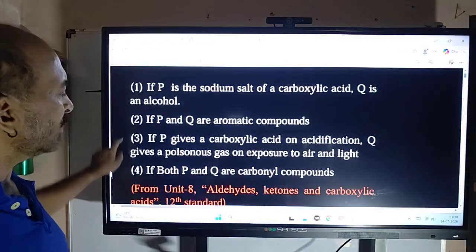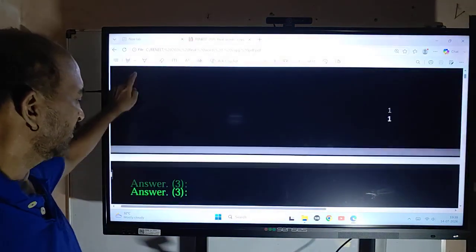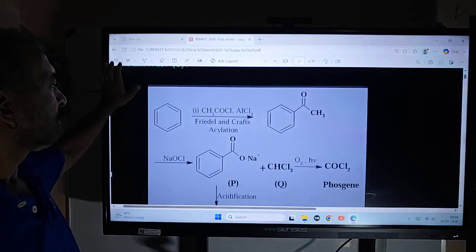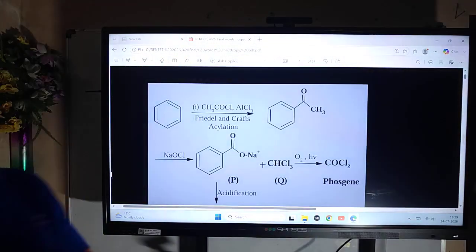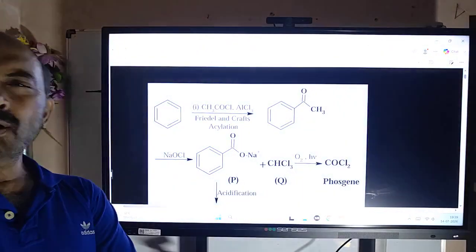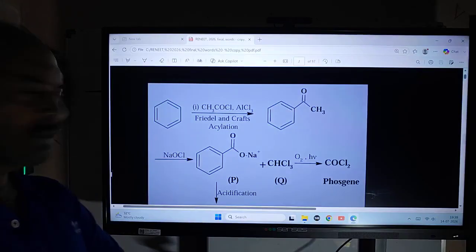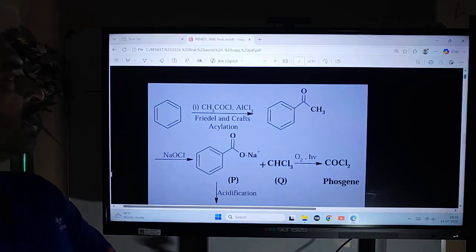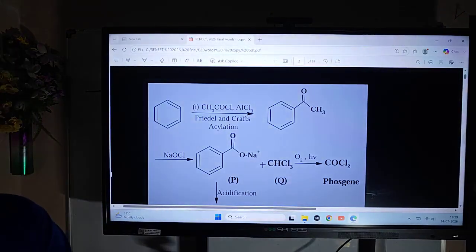Now we will see what we know. Both these reactions are familiar to us. Look here. Benzene upon treatment with acetyl chloride and aluminum chloride: we know that treatment of benzene with an acyl chloride in the presence of a Lewis acid like anhydrous aluminum chloride causes acylation, and that reaction is called Friedel-Crafts acylation.